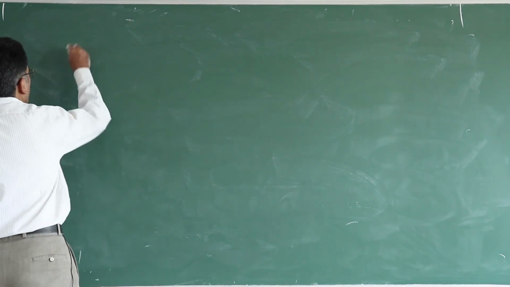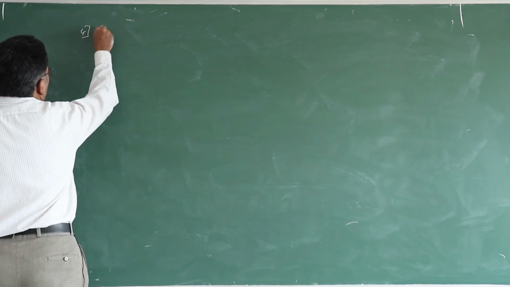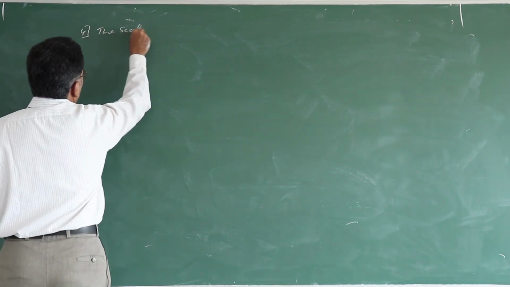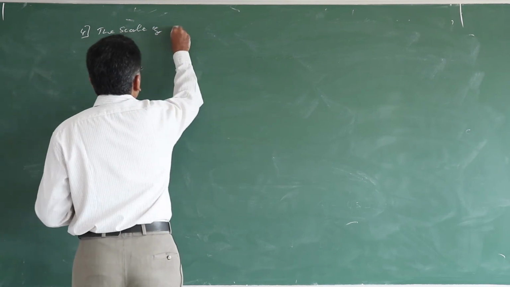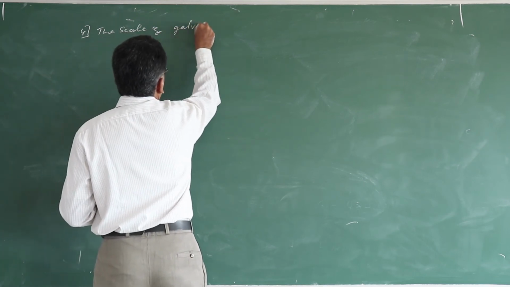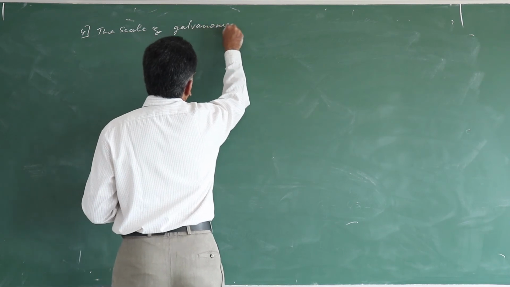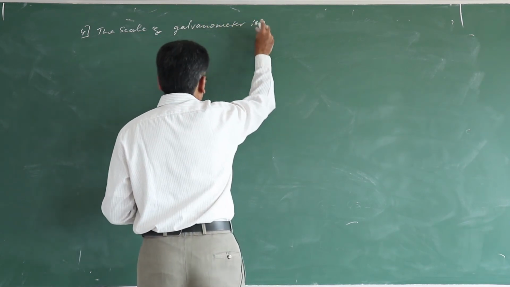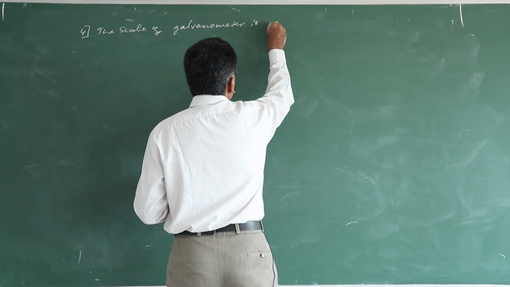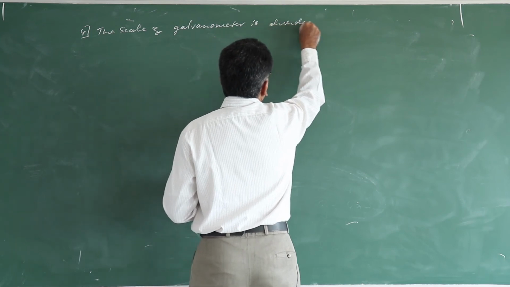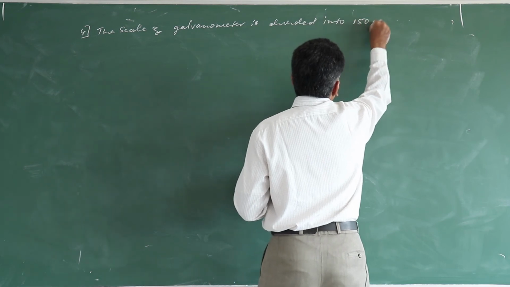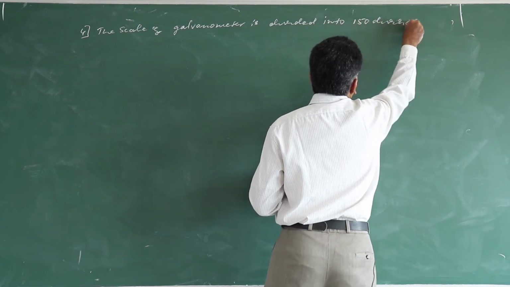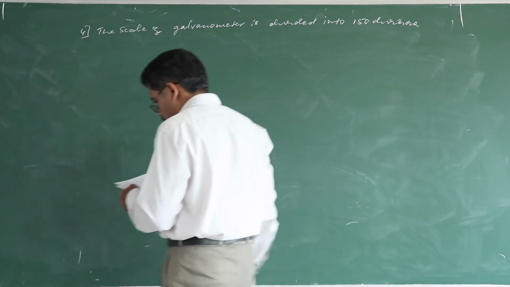The scale of galvanometer is divided into 150 divisions.